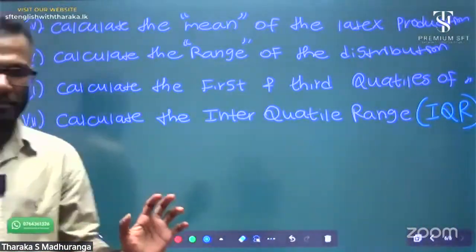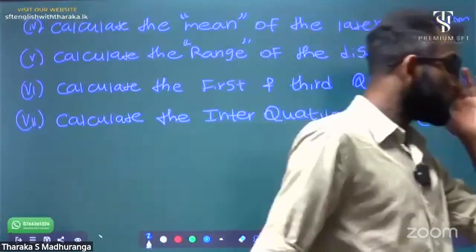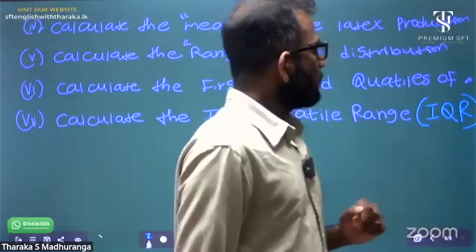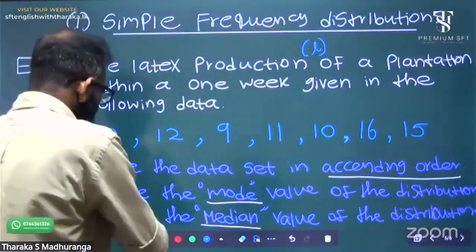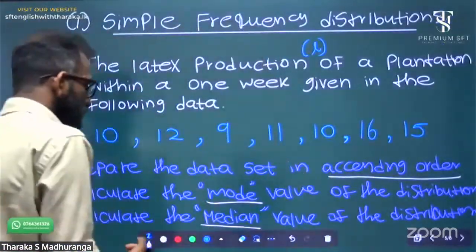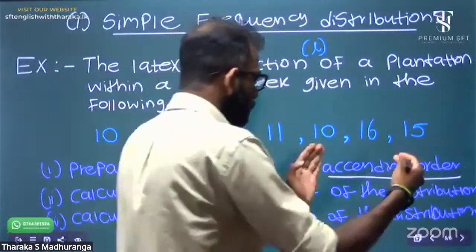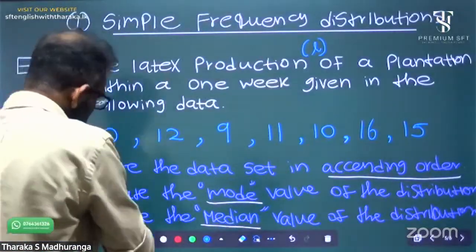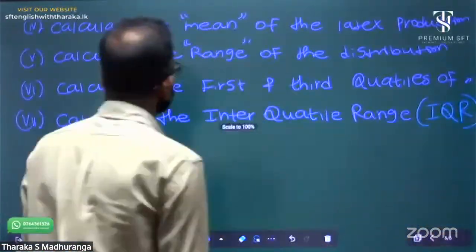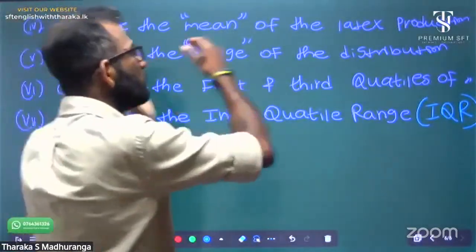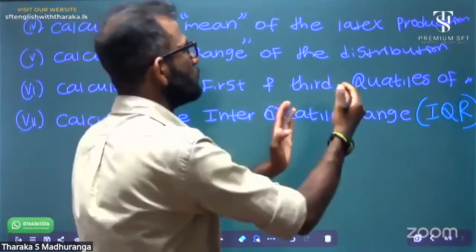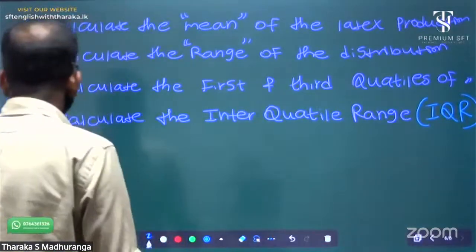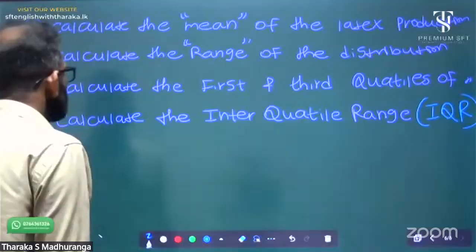Complete writing? Okay, I will show you again. Prepare the data in ascending order. Second one, calculate the mode value of the distribution. Third one, calculate the median value of the distribution. Fourth one, calculate the mean of the latex production. Fifth one, calculate the range of the distribution. First and third quartiles of the distribution.